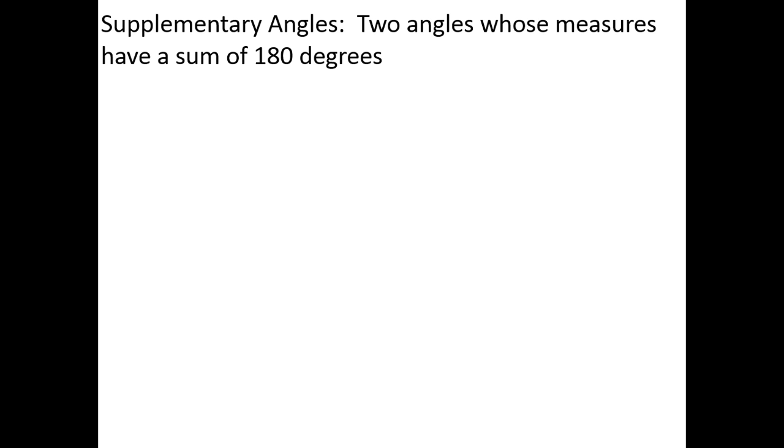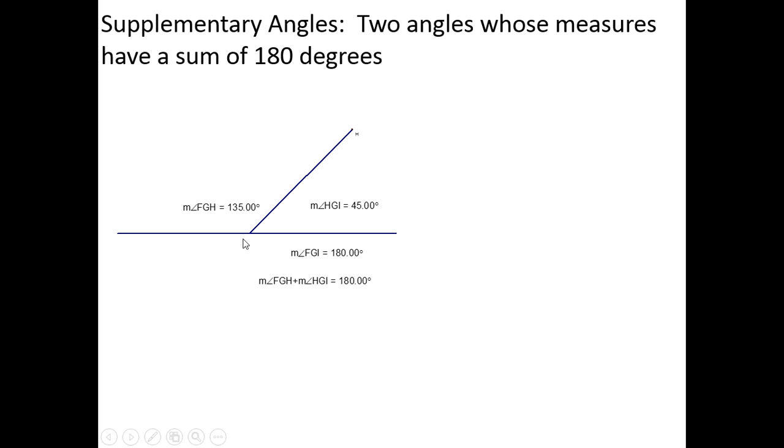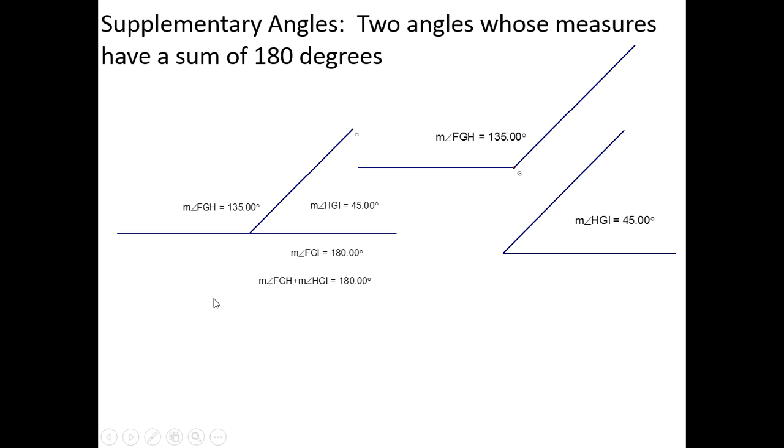Next, we have supplementary angles: two angles whose measures sum to 180. Here's an example of two adjacent supplementary angles. Here's an example of two non-adjacent supplementary angles. There's no restriction stating we need to be adjacent to be supplementary. As long as two angles add to 180, we've got supplementary.